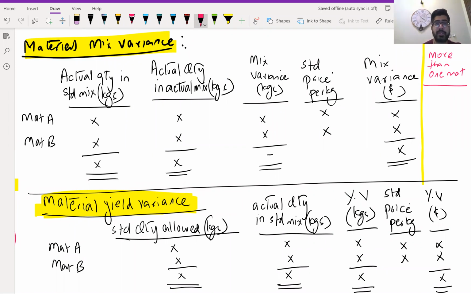Understand the concept of mix variance. For example, you are making a product which has more than one material.